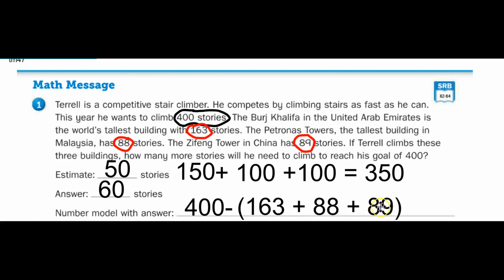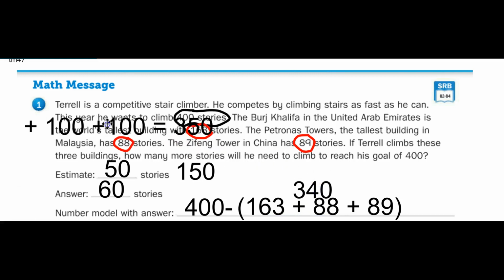Remember, the parentheses say do this first. That is the first step that I took. I added these together. When I added them together, I got 340. Let me just move my estimate out of the way.